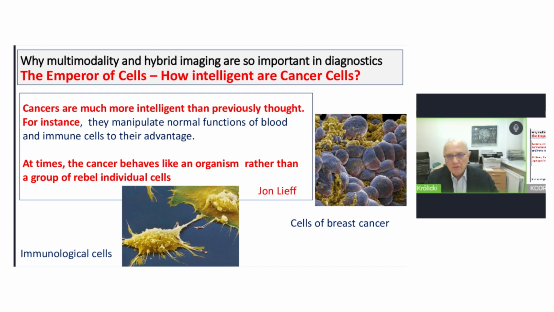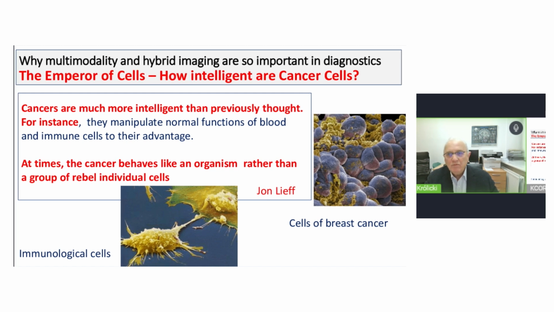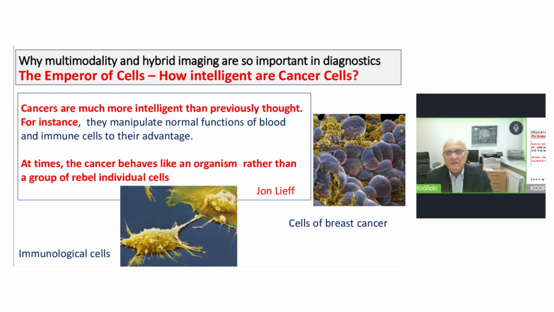Please take a look at the quotation by John Leaf, who emphasized that cancer is much more intelligent than previously thought. It behaves like an organ. It can impact defense mechanisms of our body, impact the microenvironment, and this is how it develops.